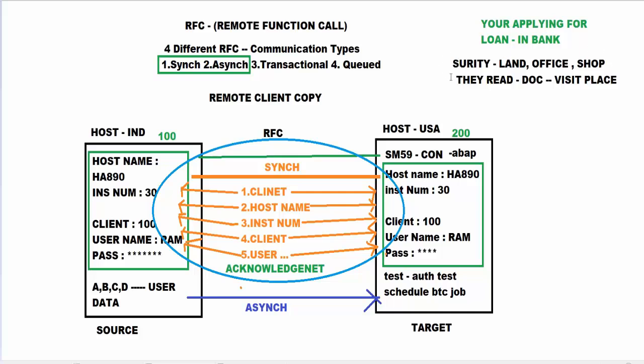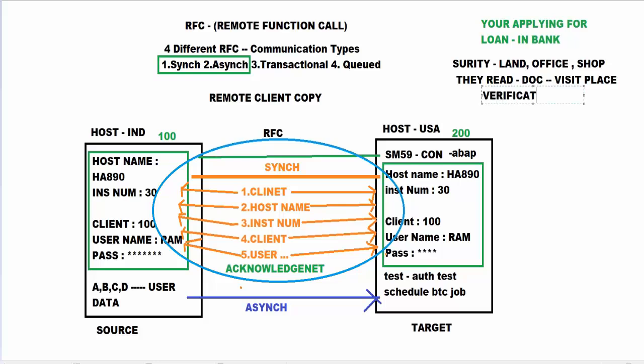So the bank officers definitely check the documentation, as the primary validation is the documentation. If the documentation is correctly maintained, then they will visit your place, like the land or office or shop.